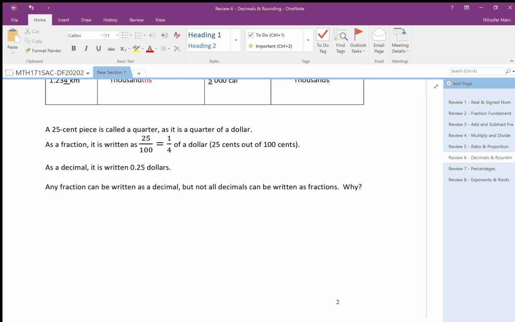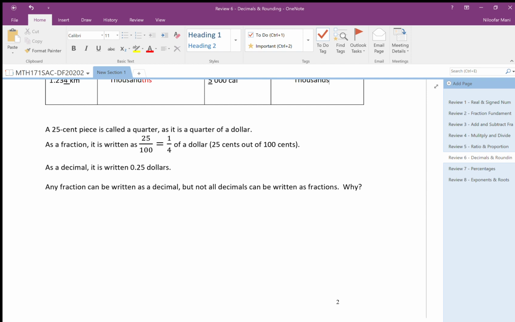That's why we call it so, because 100 cents divided by 4 is 25 cents. As a decimal, if I just want to say cents, I say 25 cents, done. But if I want to show it as a dollar, I write 0.25, because 100 cents is $1, so I can show it with a decimal then.